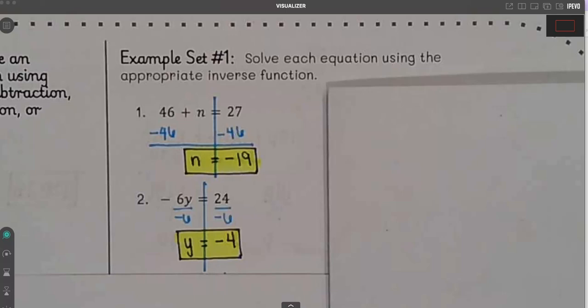All correct. Good job. So you're doing all of them. All correct. All correct.